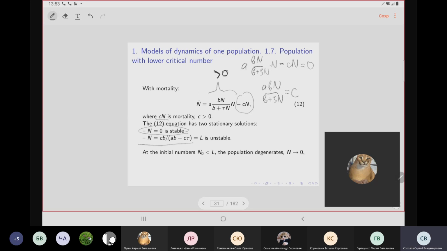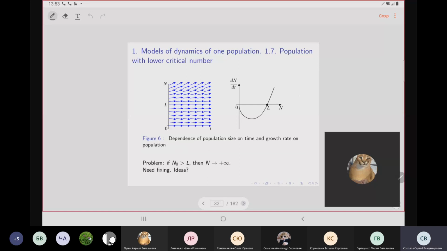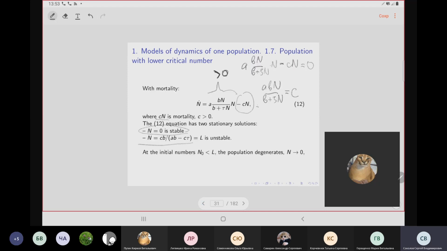Let us try to draw a picture of n dot. So let us draw the right-hand side of the equation. This is the plot of our f of n; here, the right-hand side is f of n.